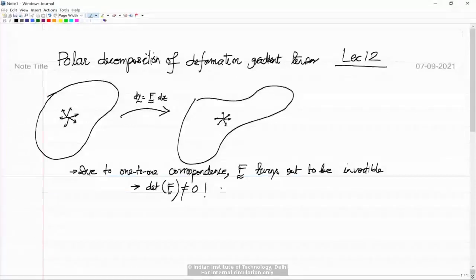In fact, this can also be used to show that det F is actually greater than 0. For all continuum mechanics deformations, det F is not just not equal to 0, it is also greater than 0. Can someone tell me why that should be the case?